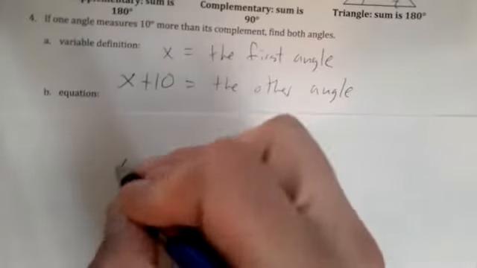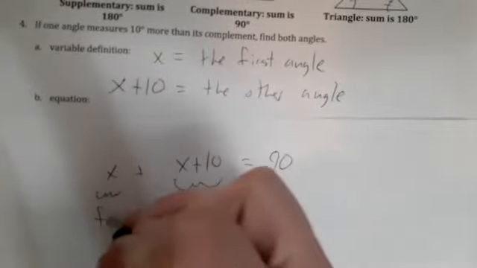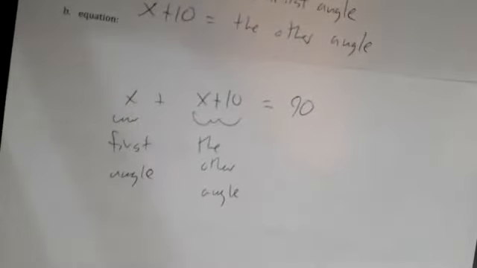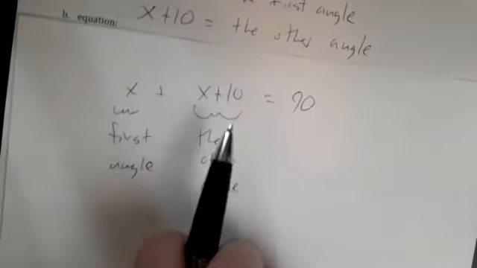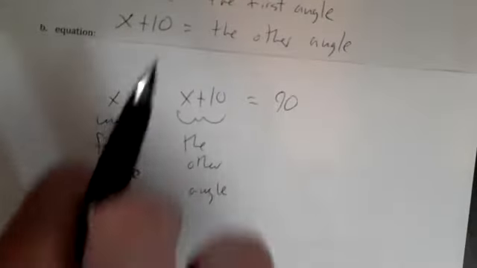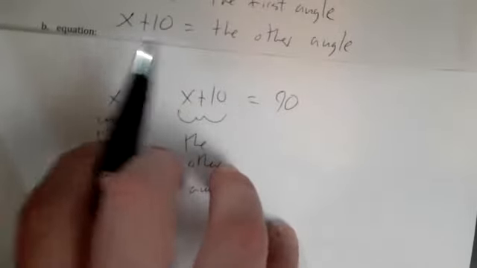So what you're missing here is the first angle. So we still have to add the first angle, and we have to add the second angle to get to the 90. A lot of times people will look at this, x plus 10, and think that for some reason this should add to 90.